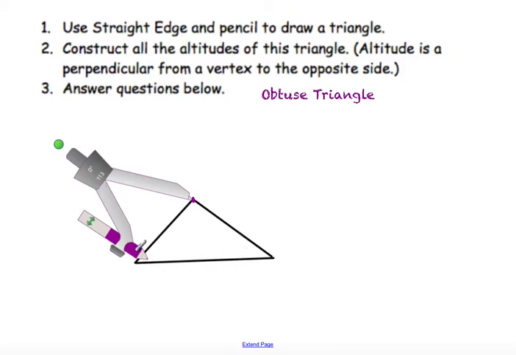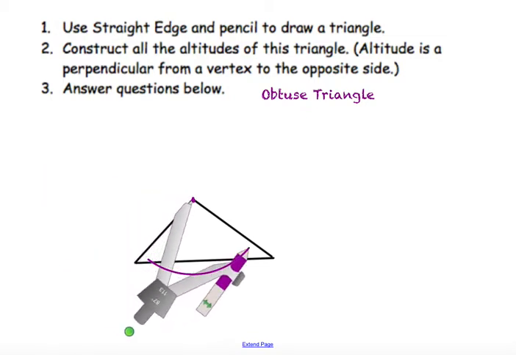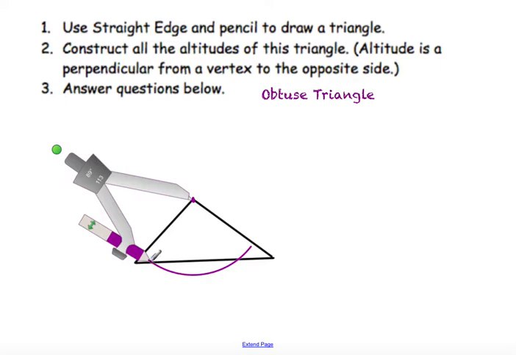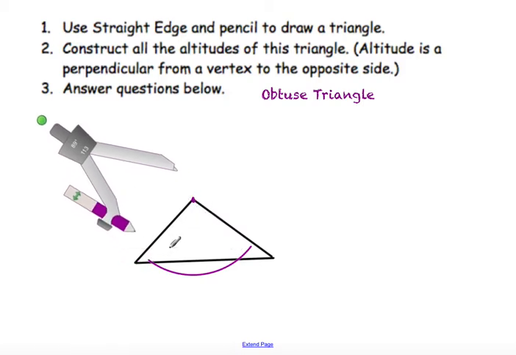And what that's going to do is create a segment where each of these points where this is crossing this side are the same distance from that point at the top. And when we do the perpendicular bisector of the segment that goes from these intersection points, then it will be the perpendicular segment through that point, and so it will be an altitude.